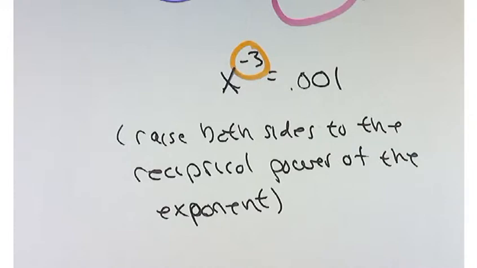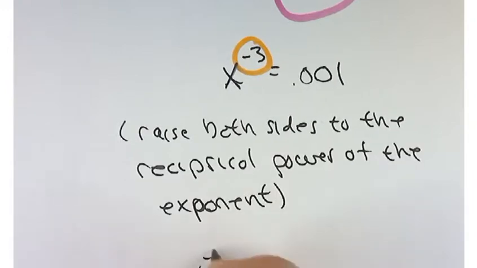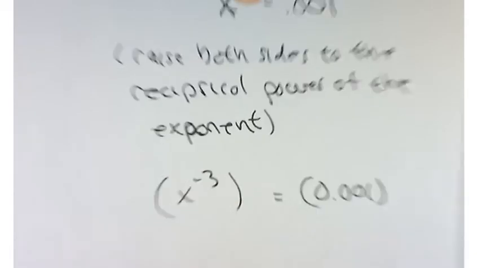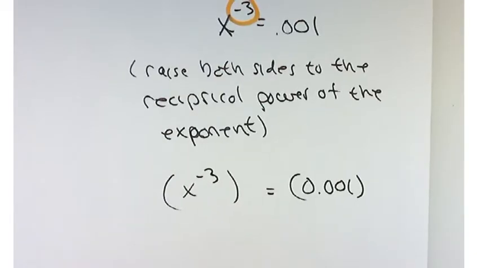So, okay. Almost a trick question. Not really trying to be a trick question. But what's the reciprocal of negative 3? Now, the reciprocal doesn't change the sign. The sign is going to be the same. Negative 1/3.